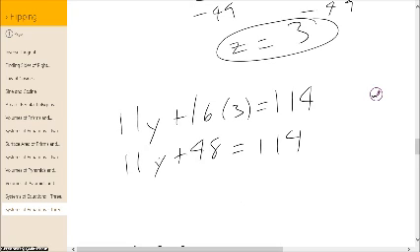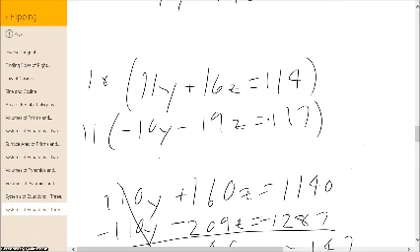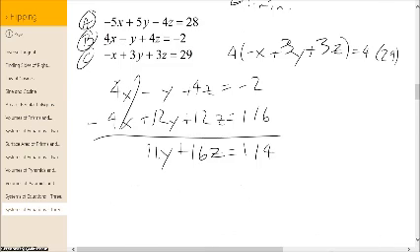I'll confess I did have to go to the calculator for that one. Long day. All right, 11y equals 66. Well, that means y equals 6. I divide by 11, so I've got y equals 6. Last thing I need to do is solve for x.